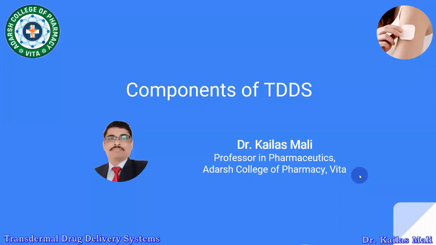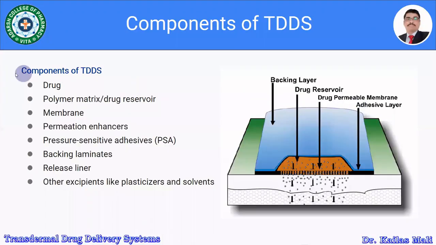In this session, we are going to discuss components of transdermal drug delivery systems. There are various components. The very first one is the drug. The second one is the polymer matrix or drug reservoir.